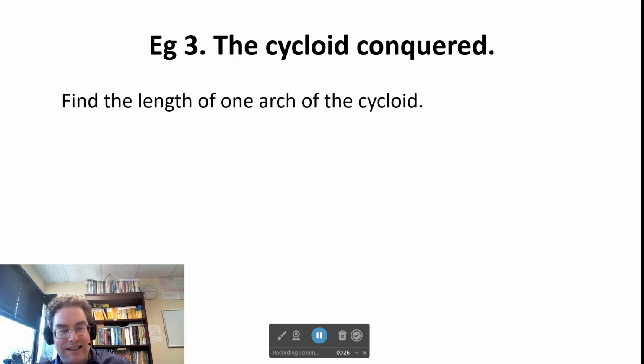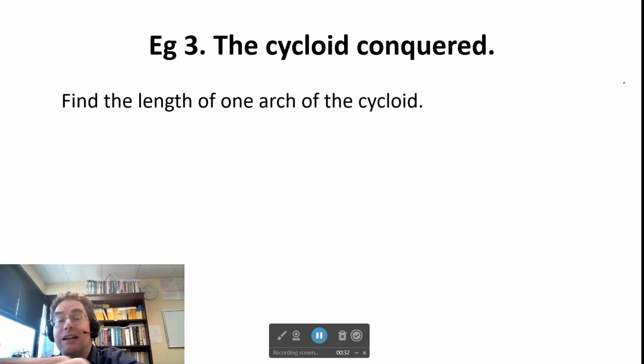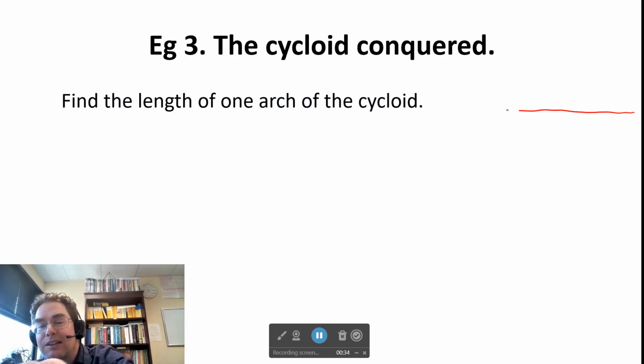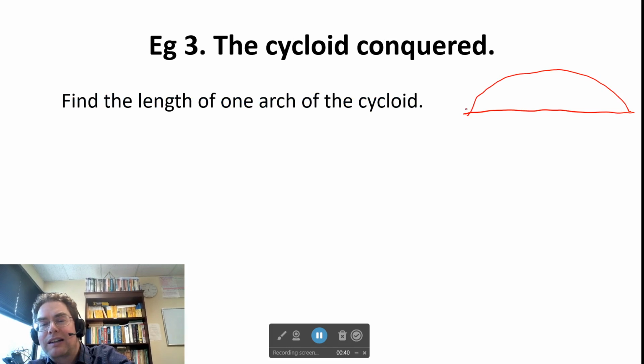And as you saw last time, it's a good idea to get sort of a feel for what kind of answer we should be expecting. So if you remember when we graphed the cycloid, it had kind of a look like this to it. This was 0, and this was 2 pi r.